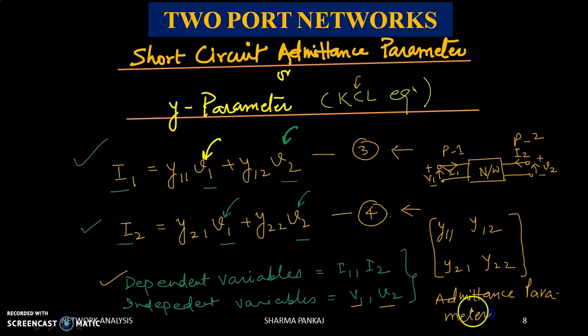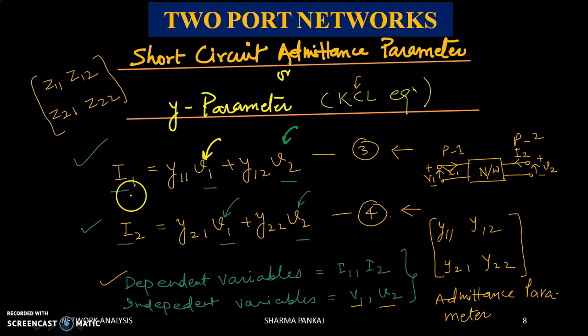Initially, in Z parameter, we have seen Z11, Z12, Z21 and Z22 like this. These were impedance parameters. We have seen this.